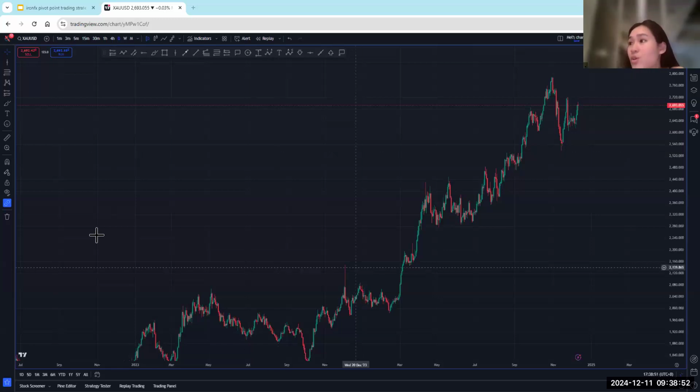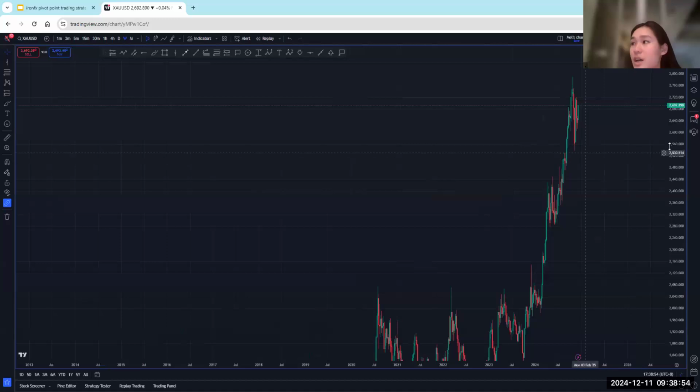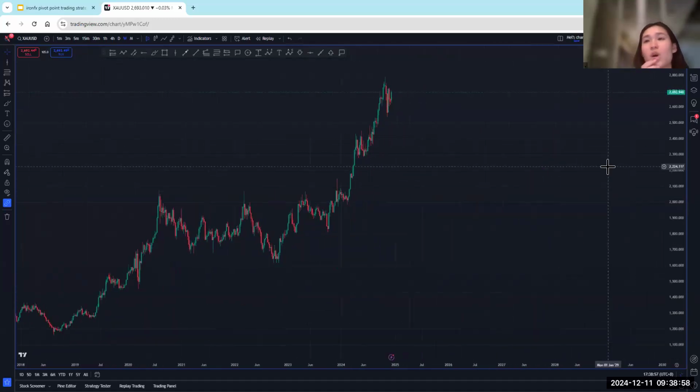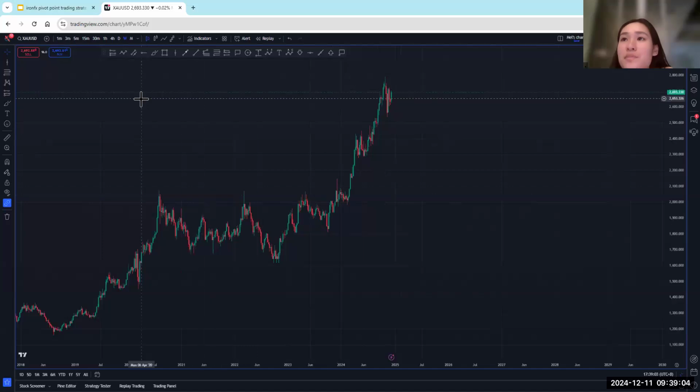Okay, so for gold on our weekly time frame, maybe this time let's analyze this on our H4 so that we can look at the other settings for a shorter time frame.